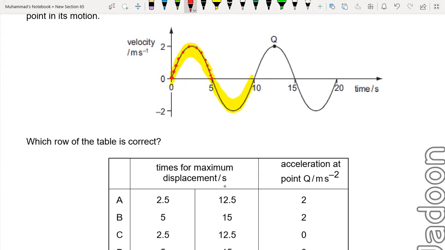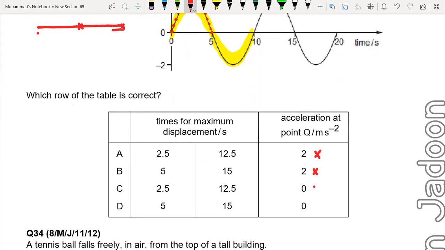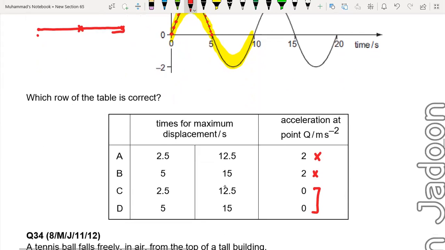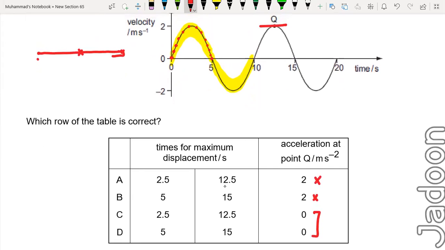So it started from somewhere here at t equal to 0, and its velocity is maximum somewhere here at 5 seconds, as it moves away from this point. Then velocity becomes negative. It is moving towards the same point. So we have to find the acceleration at Q, which is very straightforward. It is 0. So acceleration at Q can't be 2. It is 0. So these two can be correct. But the time for maximum displacement, how to pick that?